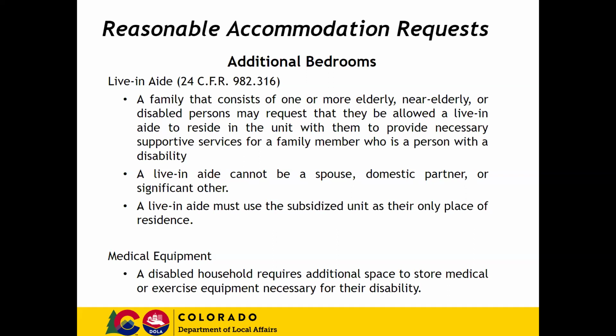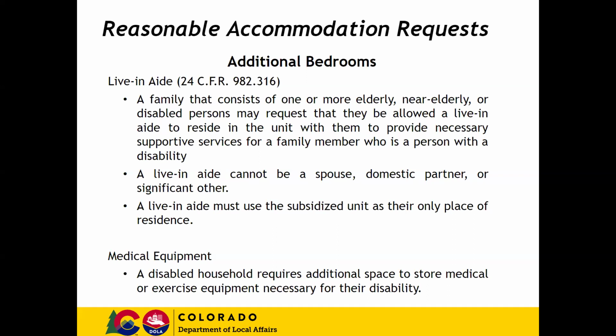And so to be prudent with our federal funds while also following the requirements of the different legislation, we want to make sure we're making the correct decision on whether or not to grant the additional bedroom. And something we'll talk about later in the slides is the need to have an interactive dialogue.